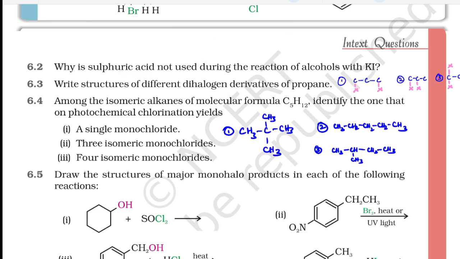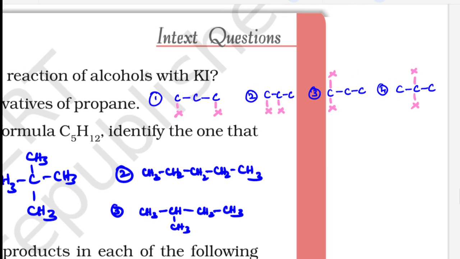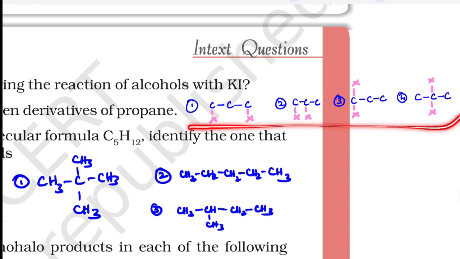Next question, write structures of different dihalogen derivatives of propane. So propane means how many carbon atoms will be present? There will be 3 carbon atoms present. Dihalogen means 2 halogens you have to add to propane. So see here, these are the 4 possible products. Propane means 3 carbon atoms.